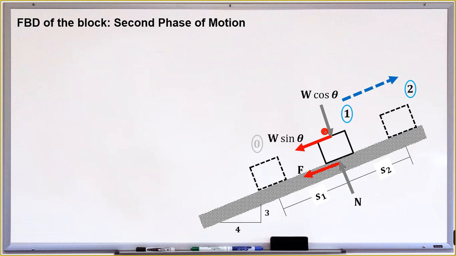Maybe you are asking, sir, why do we go through the phases, why can't we go directly from the initial to the final? Now, the problem here is we don't have enough information to do that, because in our system there is no displacement from the initial position up to the maximum height and then back. So we don't have enough information, which is why we divide it by phase. But there are some problems where the displacements are given, so those can be solved right away by considering only the extreme positions, the initial and the final.